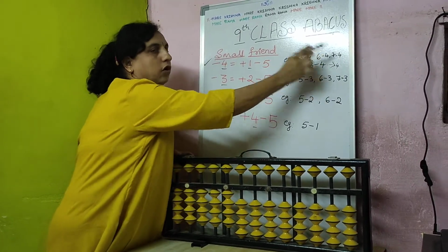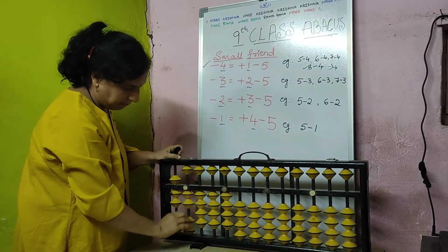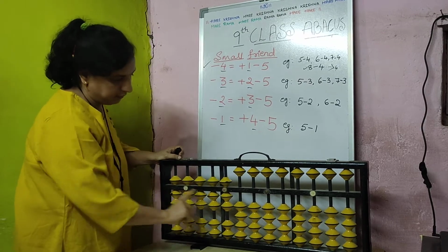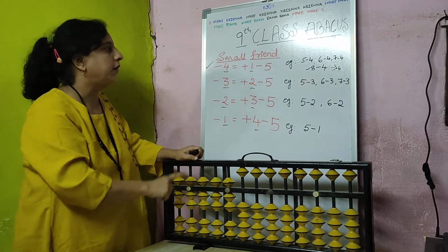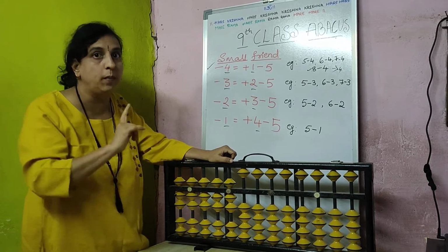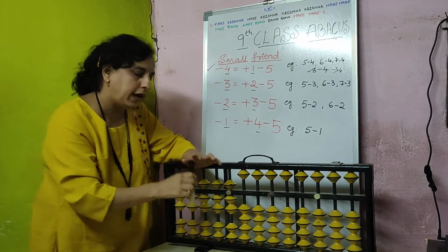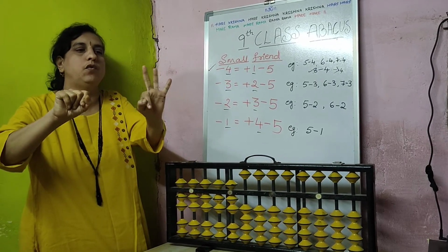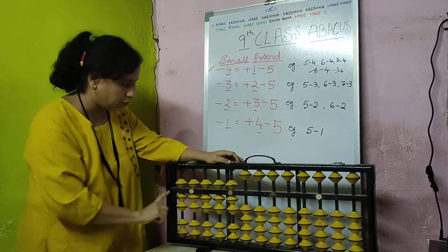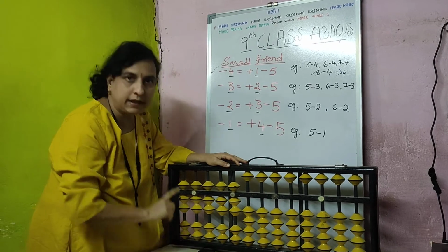Now we'll go for 7 -4. From 7, I cannot do -4 directly. Here we are learning only -4, how to do -4. But when there is 7, 7 is a big number, we can do like this, -4. Answer is 3. But in Abacus, how to do that I will teach you. 7 -4, I cannot do directly the -4.